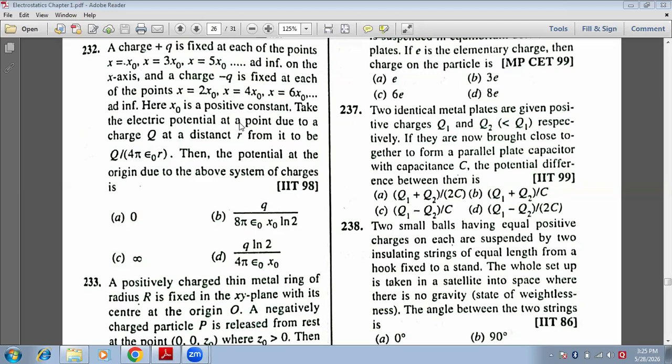Take the electric potential at a point due to a charge Q at a distance r from it to be Q upon 4 pi epsilon naught r. Then the potential at the origin due to the above system of charges is: option A, 0; option B, Q upon 8 pi epsilon naught x naught log 2; option C, infinite; option D, Q log 2 upon 4 pi epsilon naught x naught. Correct answer, option D, Q log 2 upon 4 pi epsilon naught x naught.